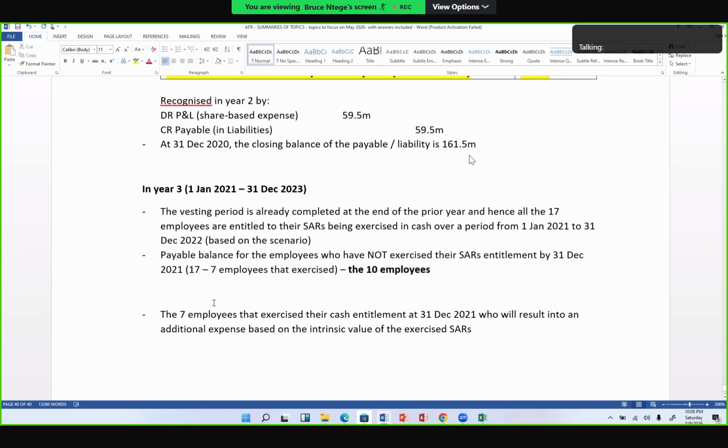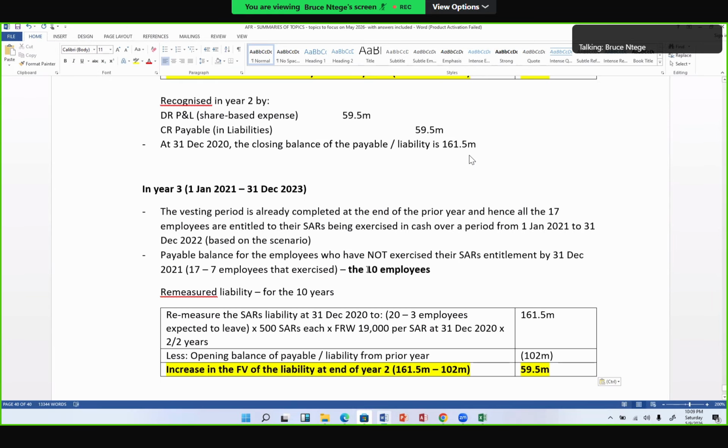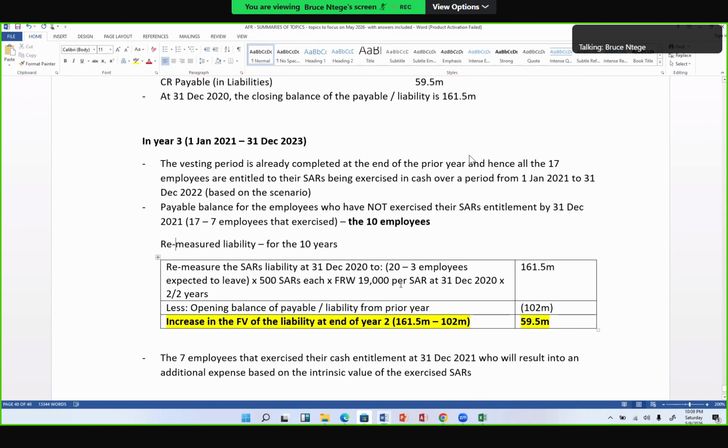So my remeasured liability of the share appreciation rights at 31st December 2021 for these 10 employees will be the 10. So these are 10 employees not yet exercised.